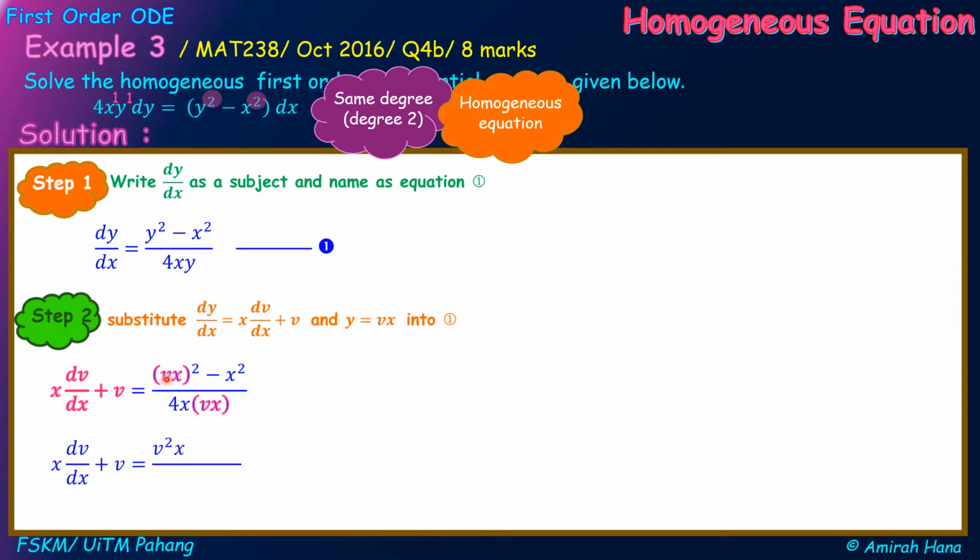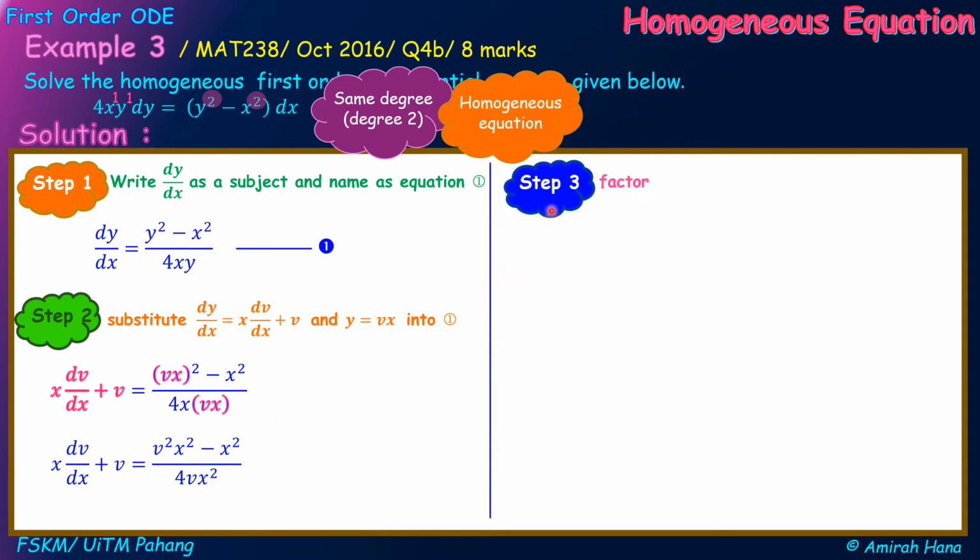After that, we simplify this. On the left hand side, we still have x dv over dx plus v equals v squared x squared minus x squared over 4v, and then x times x equals x squared.